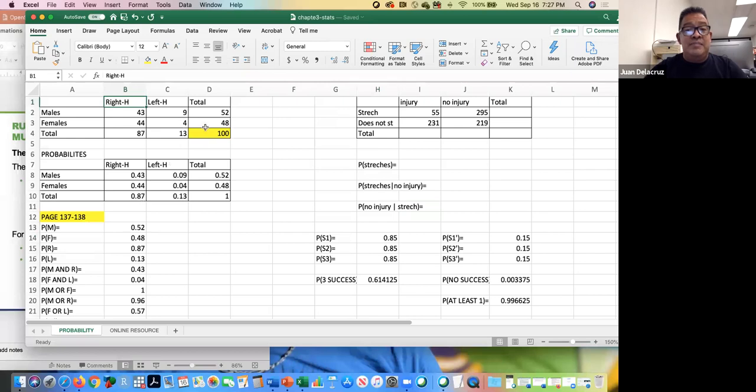So we need the probability of female given that she is left-handed. So we have 4/13. So the person is left-handed and happens to be a woman. So it's gonna be 4/13.